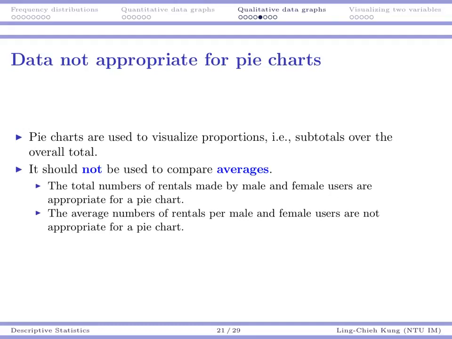So when you have two numbers that are averages, you shouldn't use a pie chart to compare them. Instead, you probably want to use the next chart that we want to introduce: bar charts.